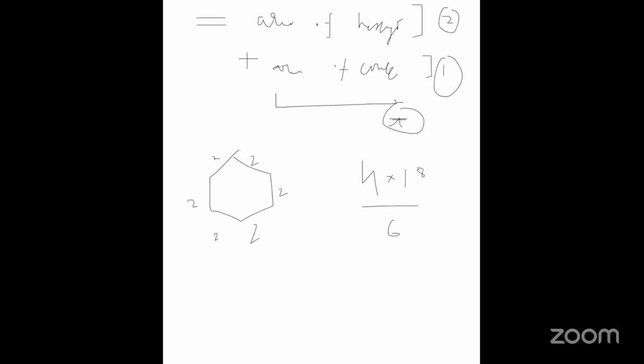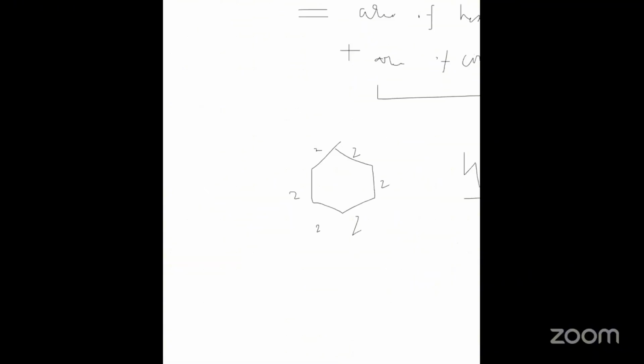Each angle is equal, so each angle is 120 degrees. So you have 120 degrees everywhere, which means 120 here and 30 here. So this is 90 basically, and this is pretty much 90 as well.